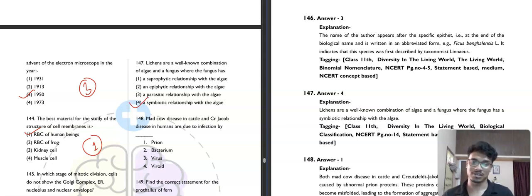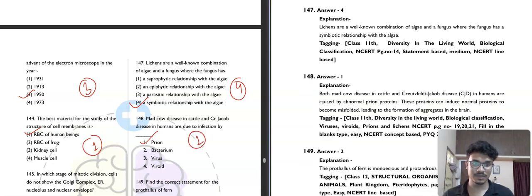They help each other, so that is a symbiotic relationship. Fourth option. Mad cow disease in cattle and Creutzfeldt-Jakob disease in humans is due to infection of prion, bacterium, virus or viroid. So this is prion. This is due to abnormal prion proteins.